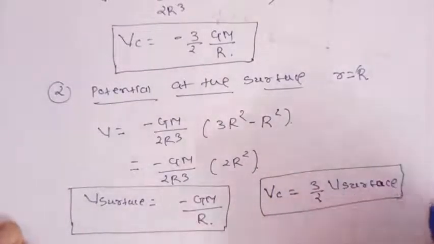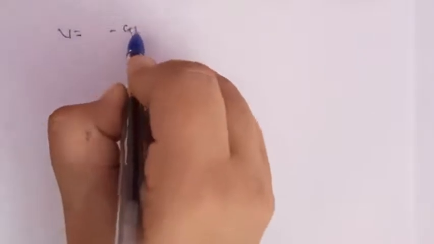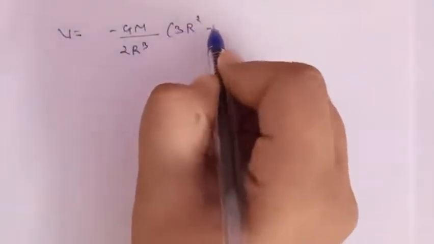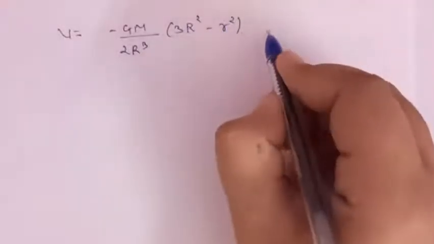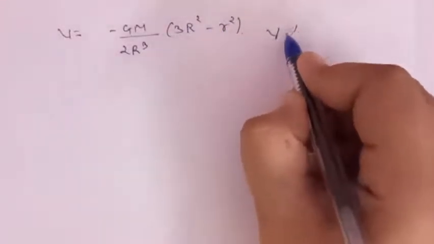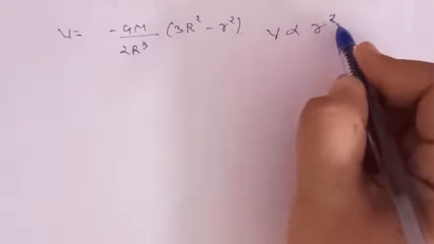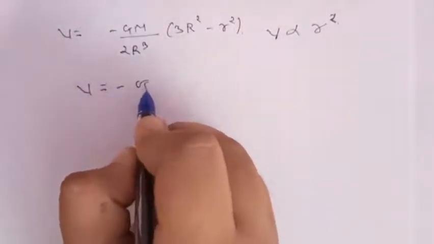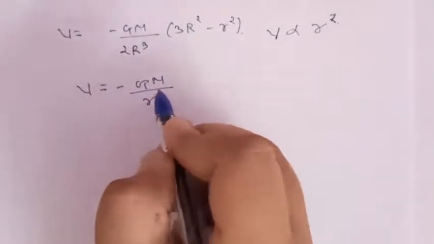regarding numerical problems. Now we have seen that potential inside is minus GM upon 2R cube into 3R square minus r square. So we can write for an inside point V is directly proportional to r square, and for an outside point it is minus GM upon r.